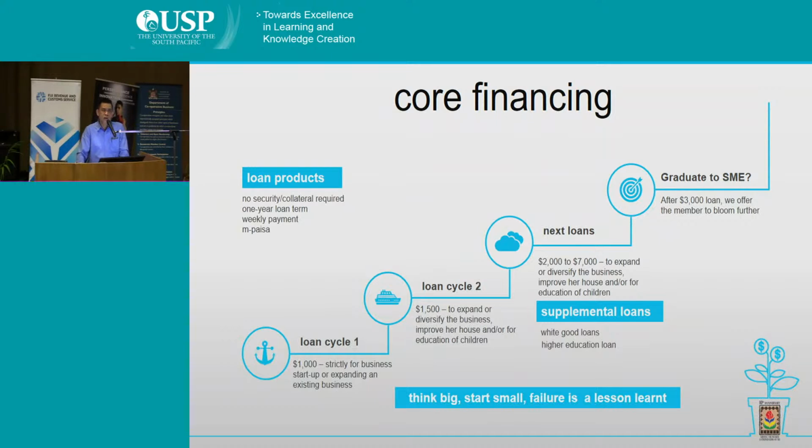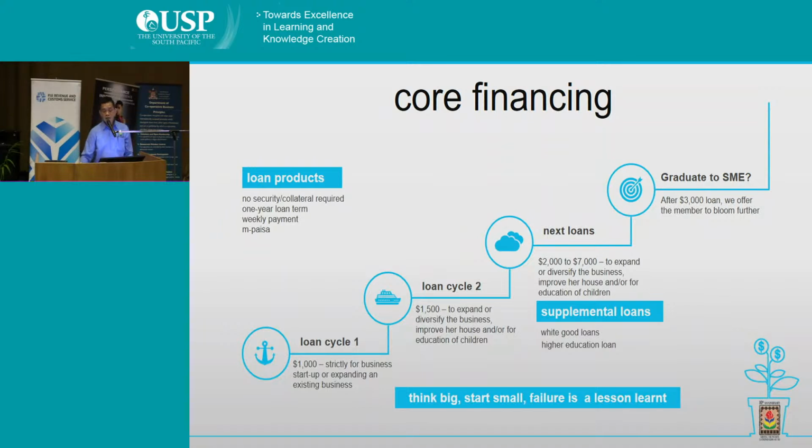So we also provide the rehabilitation loan. We were able to provide loans to more than 200 of our members, amounting to 1.2 million Fijian dollars for rehabilitation for those affected by Cyclone Yasa. So we have all those things.